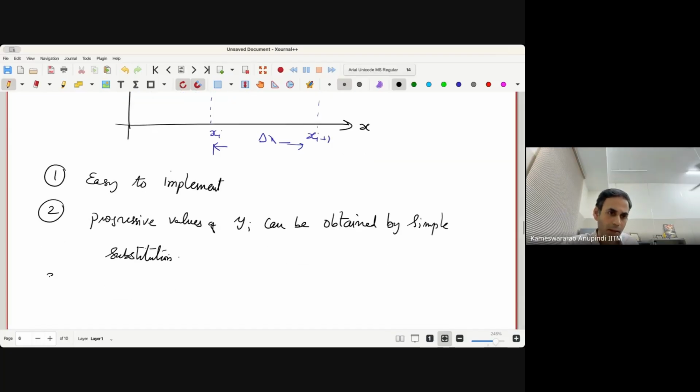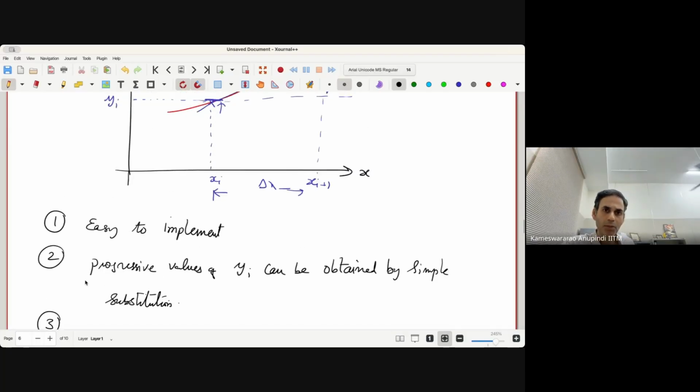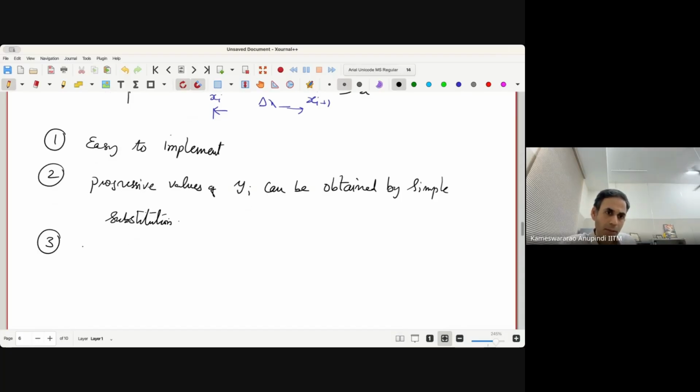Okay, and coming to the disadvantages, this method is strong in regions where y has strong variation.